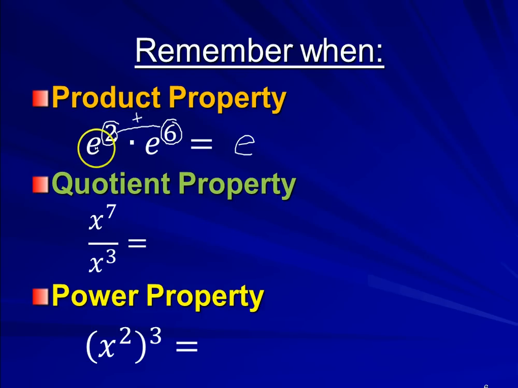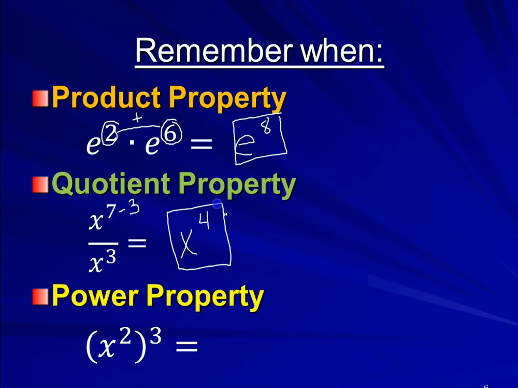This means we have 2 e's and 6 e's, so we add them together to give us 8 e's. Okay, well, how about the second one? I have 7 x's on top, 3 x's on the bottom, so how many x's do I have? What do I do with this 7 and this 3? Since it's division, we subtract. 7 minus 3 would leave us with x to the 4th.